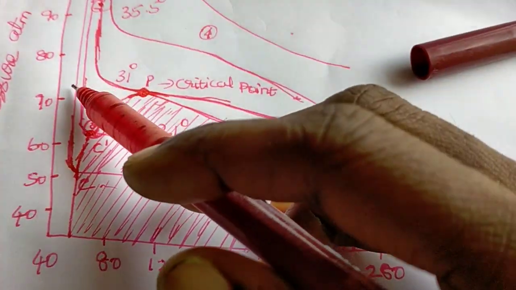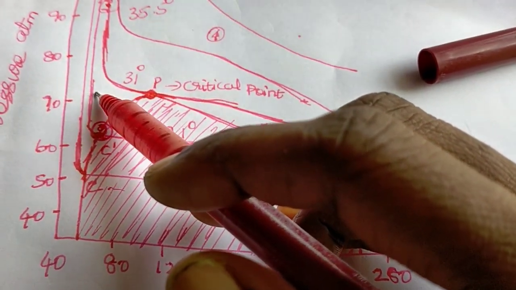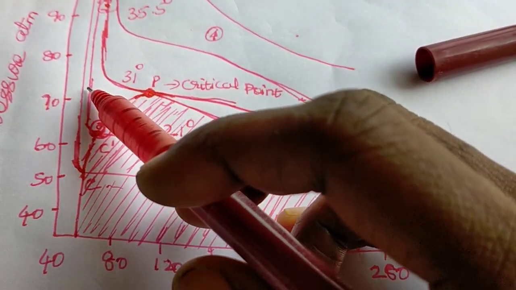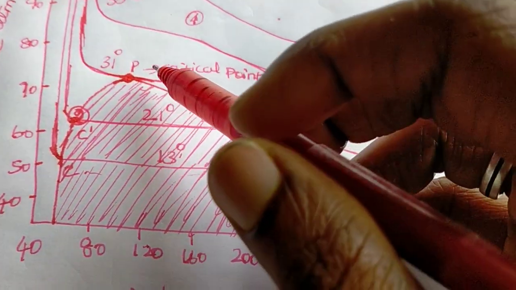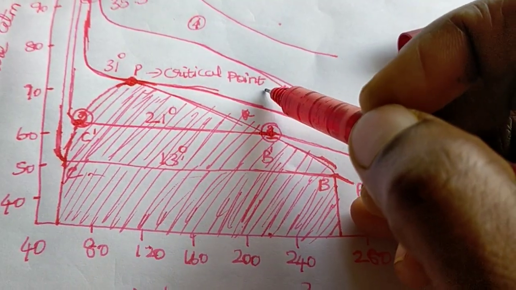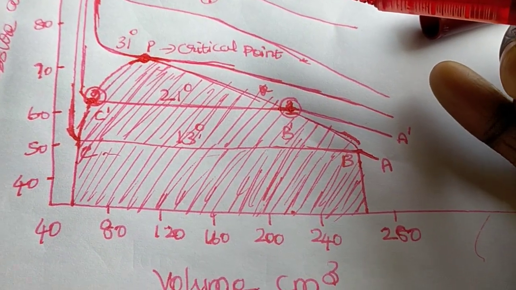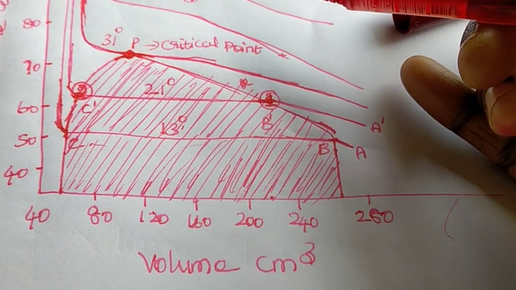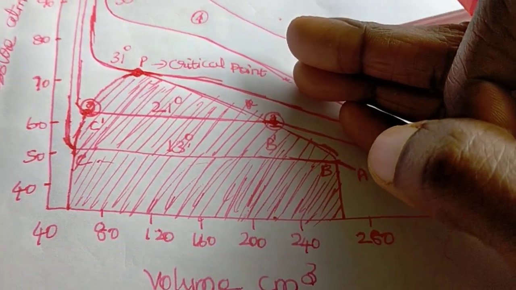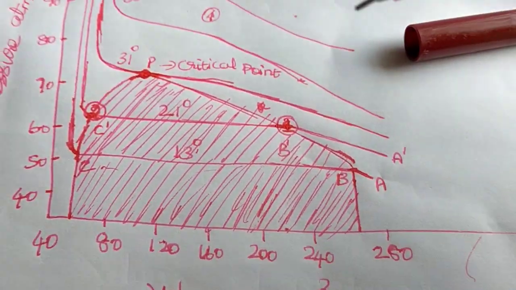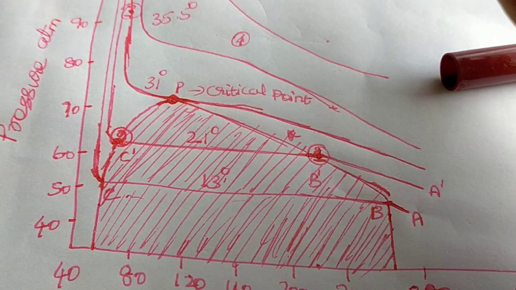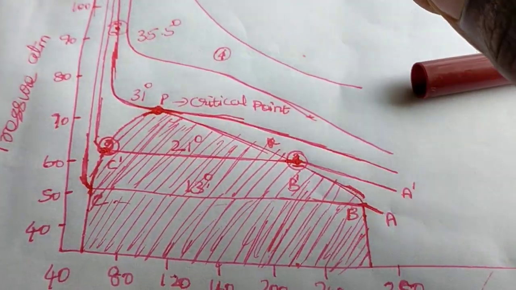At the point P, under a temperature of 31.1 degrees Celsius and a pressure of 73 atmospheres, this point is known as the critical point, or liquefaction temperature, or critical temperature. Under the lower isotherms, the gas is not completely converted into liquid form, and some gas particles are also present.